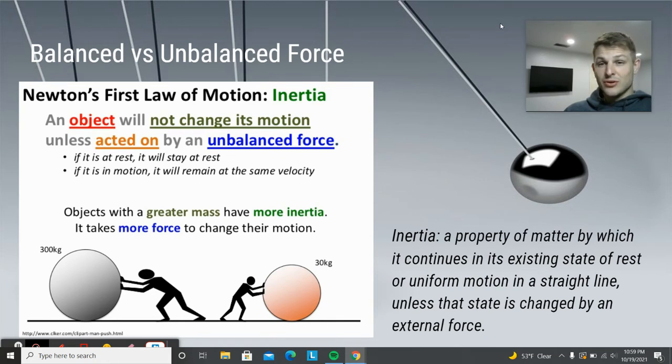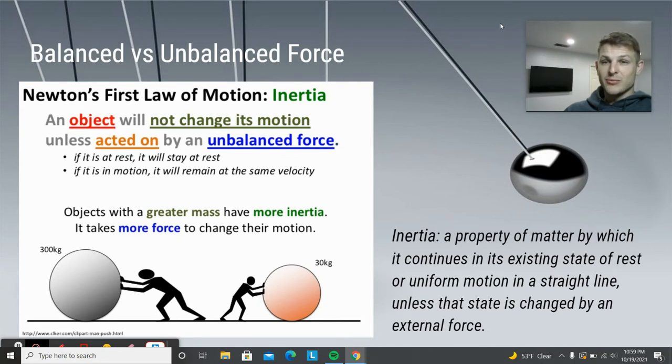You'll know this if you go to push a 300 kilogram boulder or a 30 kilogram boulder, right? Which one's going to be harder to move from its position? The larger one, right? And that's because it has more inertia, more resistance just to stay put. Also, if that 300 kilogram boulder was moving in constant motion and you had to slow that down versus a 30 kilogram boulder, which one are you going to have more luck slowing down?